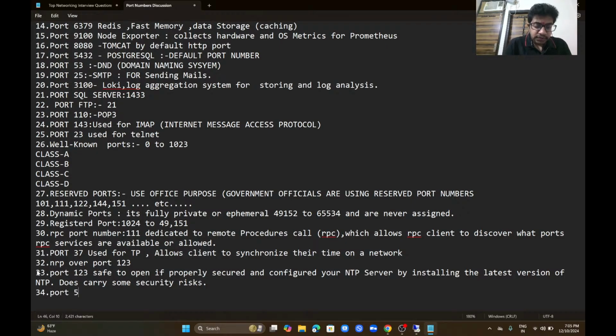Port 500 is one of the networking protocols, networking ports used for VPN, virtual private network connections.